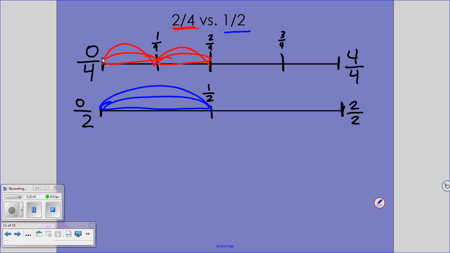Alright, so let's do our comparison now that we have this in our notebook. Is it going to be greater than, less than, or equal to? Get your notebook open. The way we use number lines to show equivalency or to compare is we simply look at the distance.